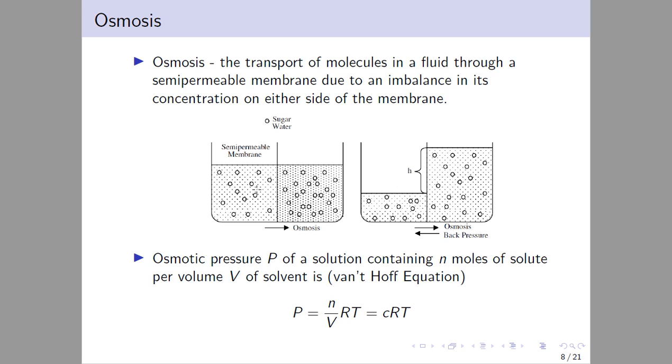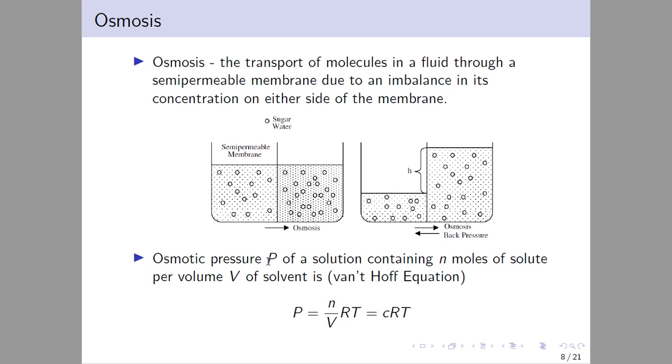So the water will permeate this membrane, flooding this side, and the concentration on this side and this side will be maybe the same. Okay, so this is the back pressure. So we have this value.